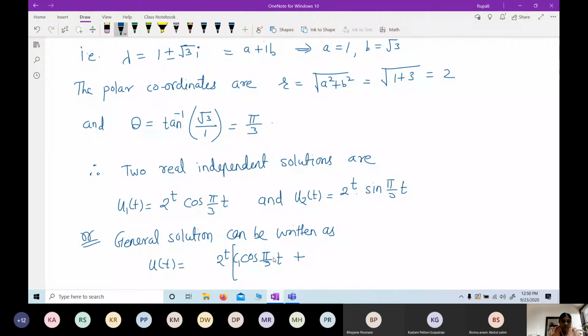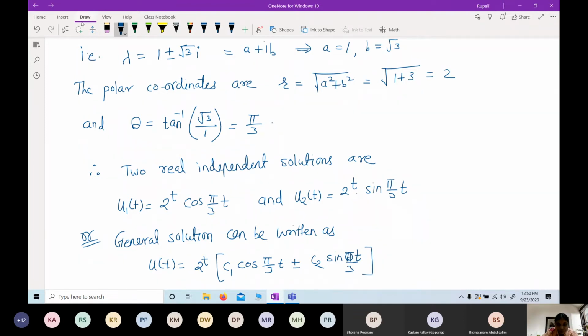Okay, wait, let me write again. 2 raised to t, c1 cos pi by 3 t plus c2 times sin pi by 3 t, not theta t, it is pi by 3 t.